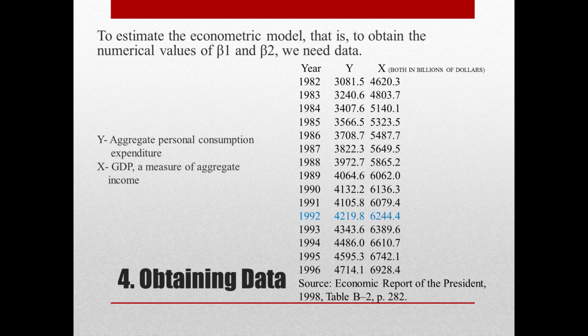Now the fourth step is to obtain data. Why do we want to obtain data? Because to estimate the econometric model, that is to obtain the numerical values of beta 1 and beta 2, the intercept and slope, we need data.